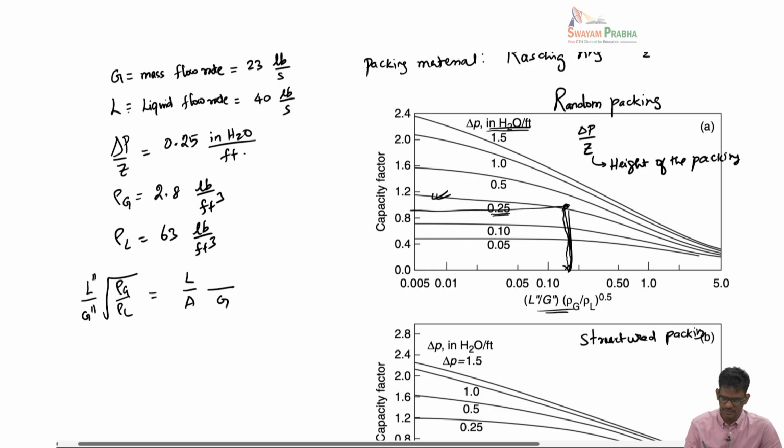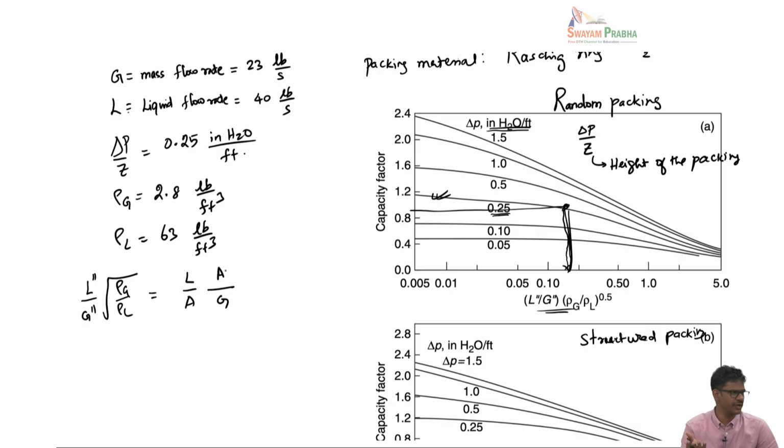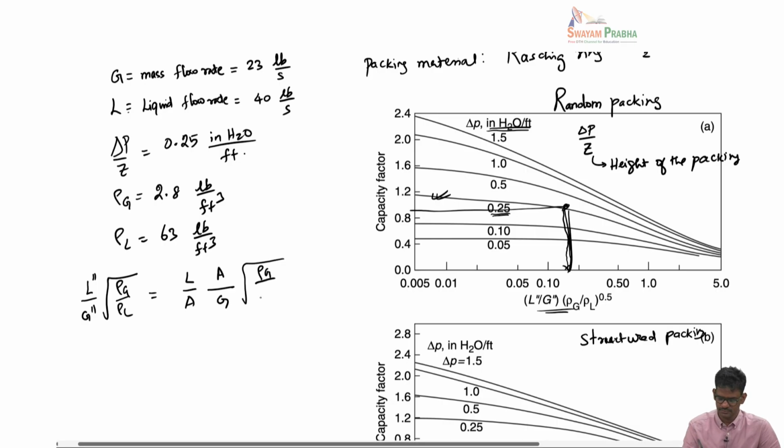That would be G over A. So A gets cancelled here. As long as you are looking at ratios of the mass velocities, it's equivalent to the ratios of the mass flow rates. So L is 40, G is 23, square root of 2.8 over 63.